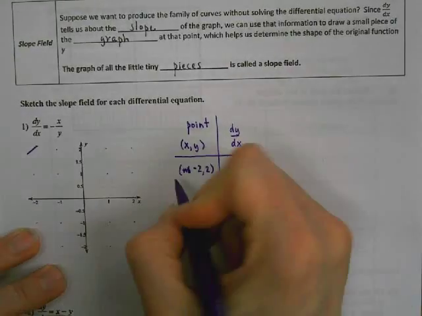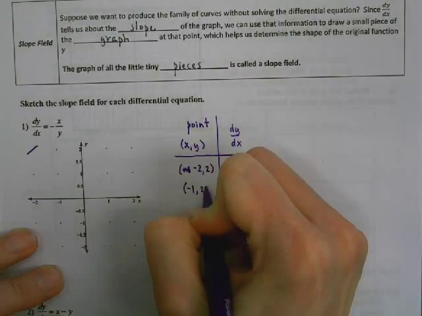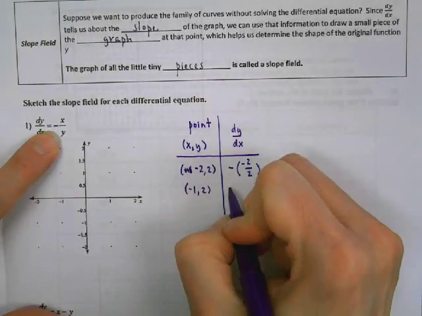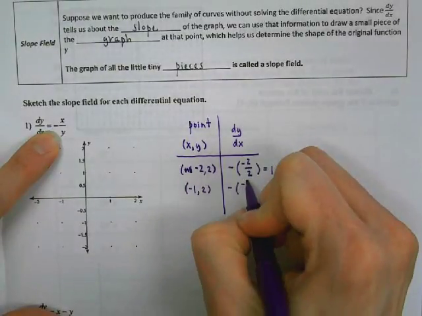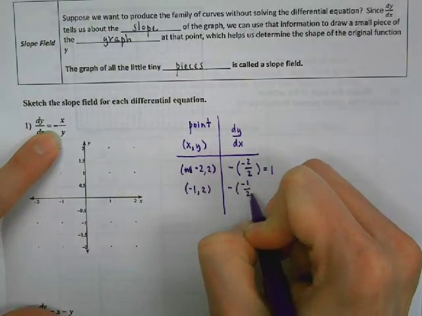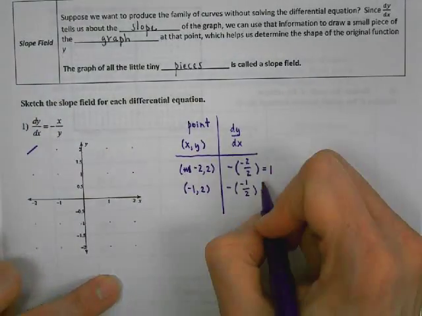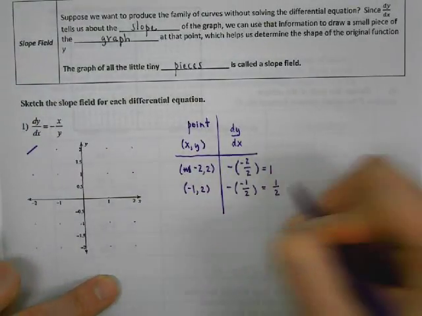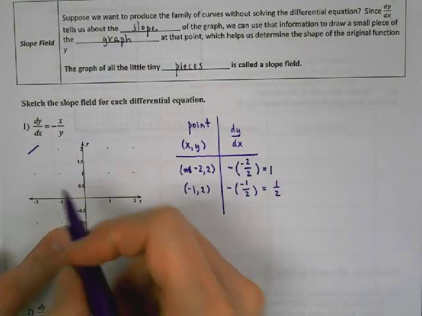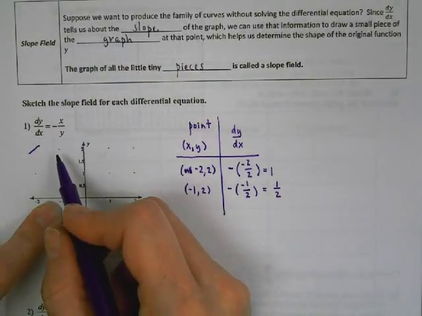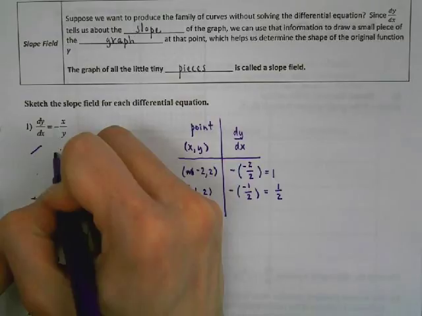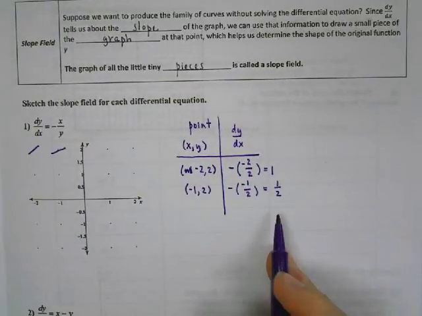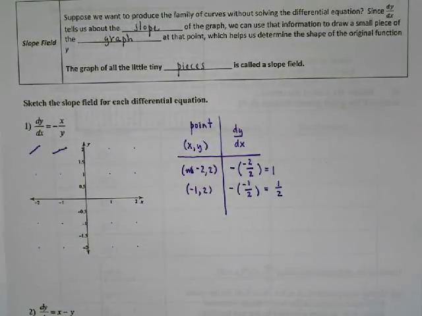Okay, let's look at negative 1, 2. So now I have the opposite. My x is negative 1 and my y is 2. So the opposite of negative 1/2 is a positive 1/2. Now when I draw this in, again, I said the most important thing is that it's positive, but I do like to make it a little flatter to represent that slope of 1/2.